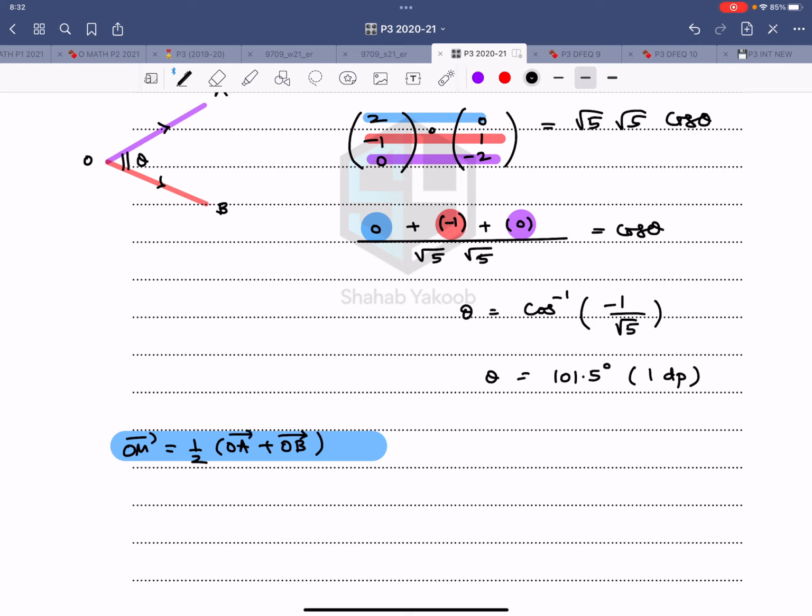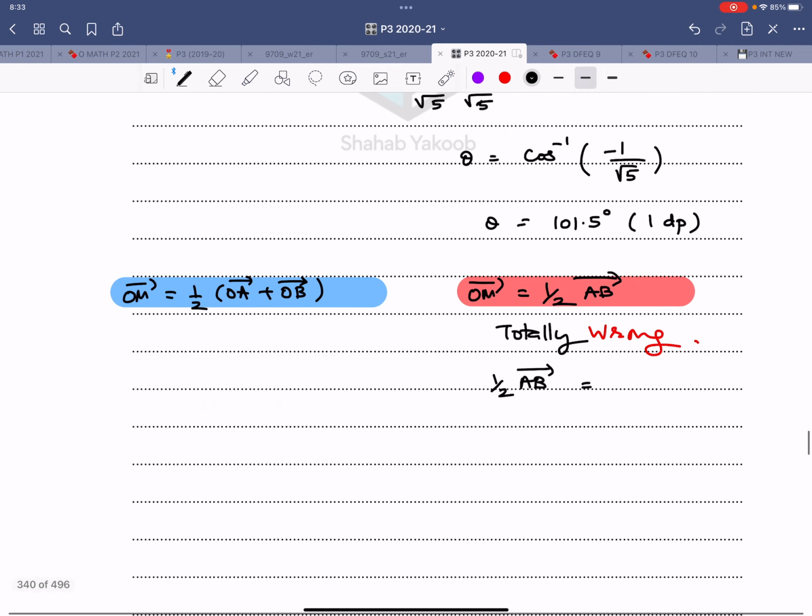A lot of people think that OM is half of AB. This is totally wrong. Why? Because half of AB could be, let me write it like this. So half of AB, if I draw a line like this, let me draw a line, hold for a second.